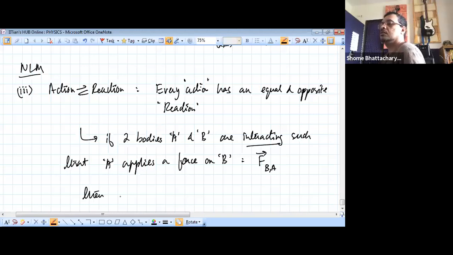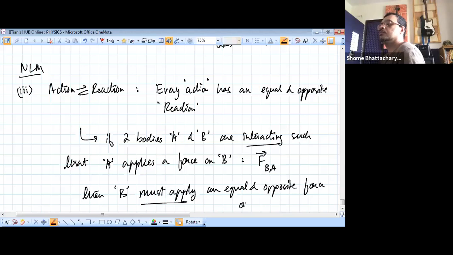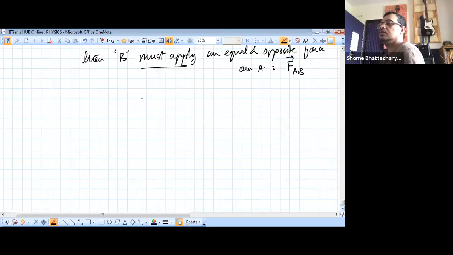Then B must apply an equal and opposite force on A, which we will denote by the vector F A comma B, because this is the force on A because of B. Now, according to the statement, these two forces should be equal and opposite.